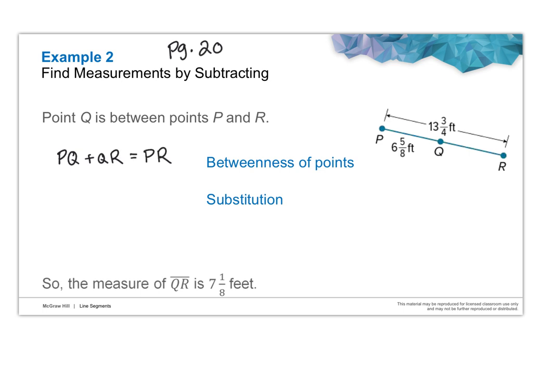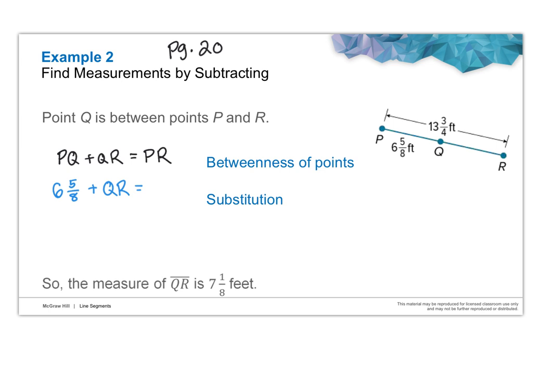And then substituting the values that we have on the diagram, we have 6 and 5/8, that mixed number for the length of PQ. The measure of QR is unknown, so we're going to leave it alone. There's nothing to put in a blank there because that's what we're being asked to find.